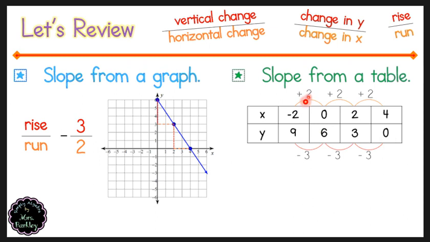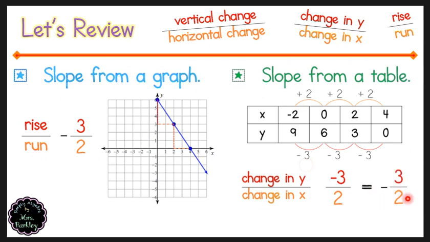So we can see that we are changing by the same amount on our x and our y values. So we can write this as a ratio of our change in y to our change in x. So our change in y was -3, and our change in x is +2, which is the same as a slope of -3/2.